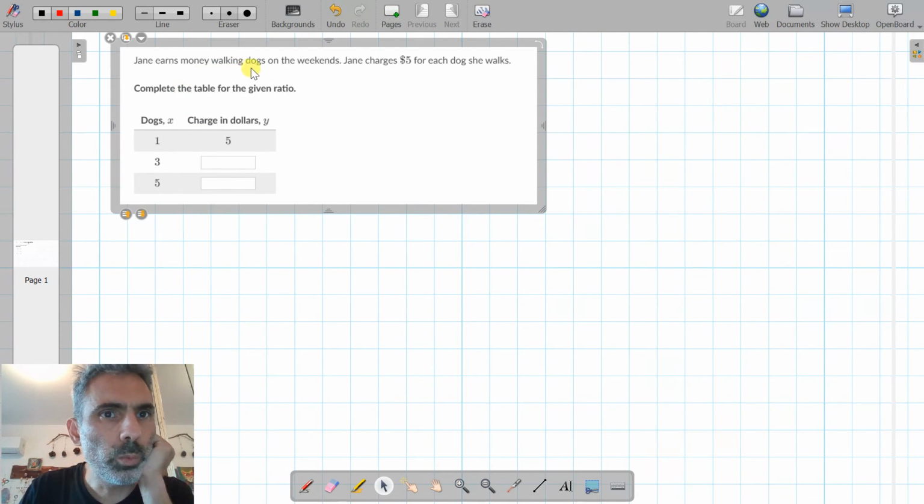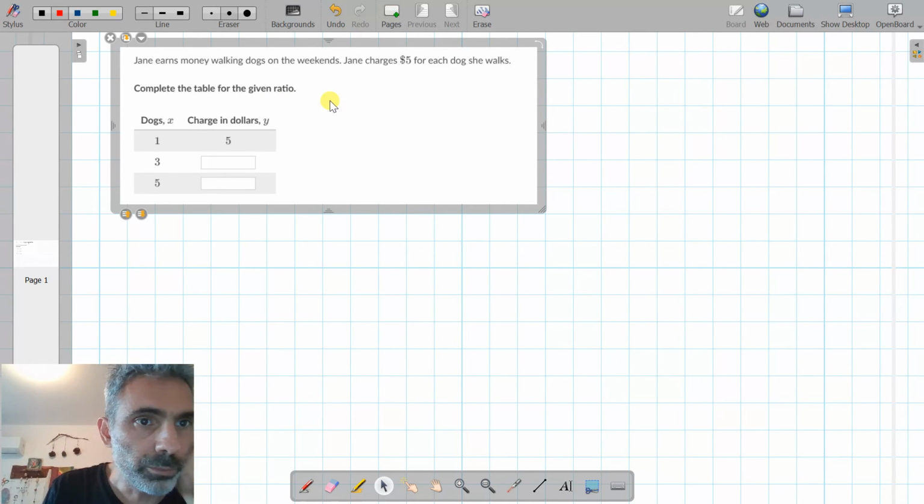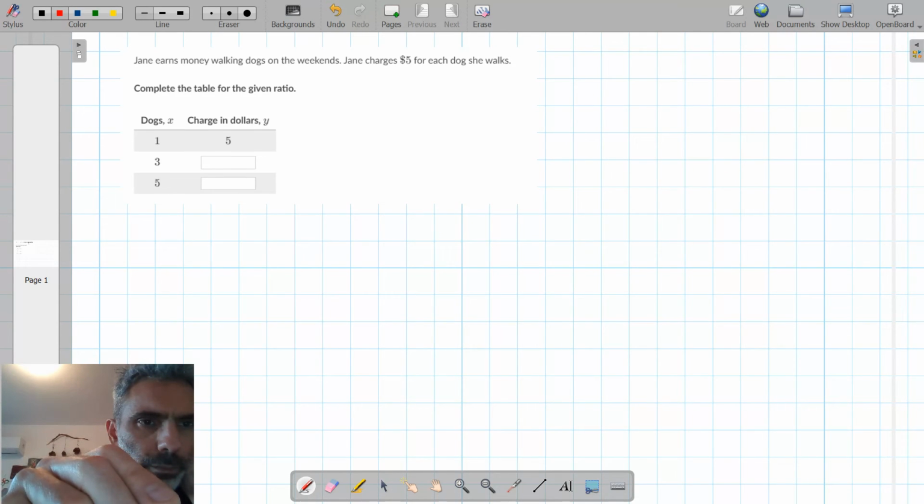Jane earns money walking dogs on the weekends. Jane charges $5 for each dog she walks. Complete the table for the given ratio. So we have the number of dogs, X, and charge in dollars, Y. For one dog, $5. For 3 dogs, to go from 1 to 3, we multiply by 3.